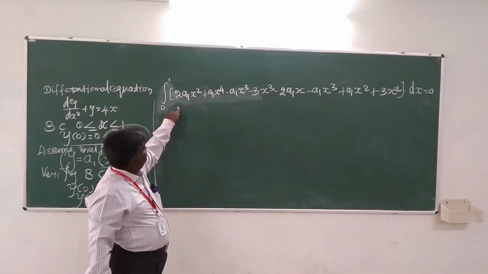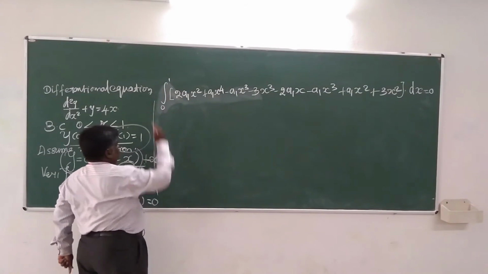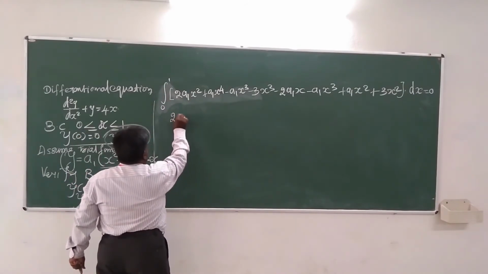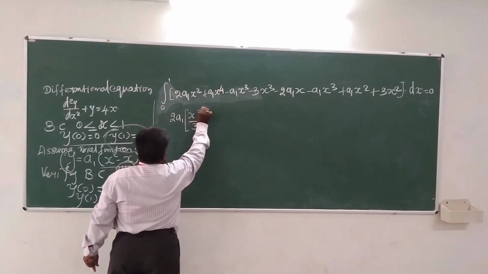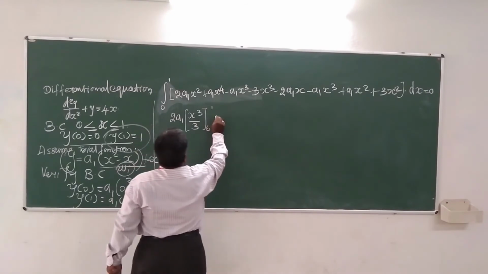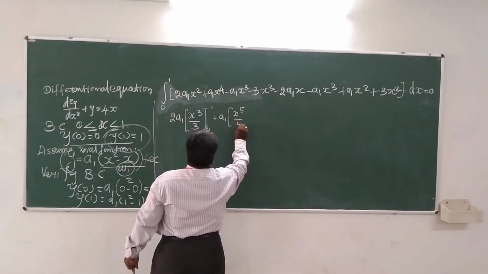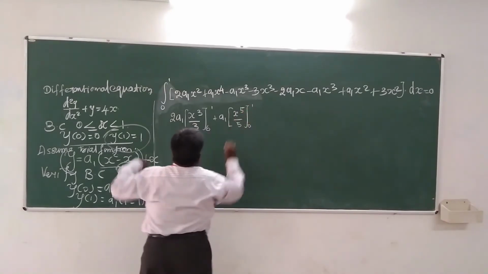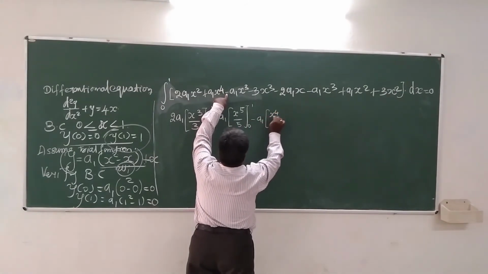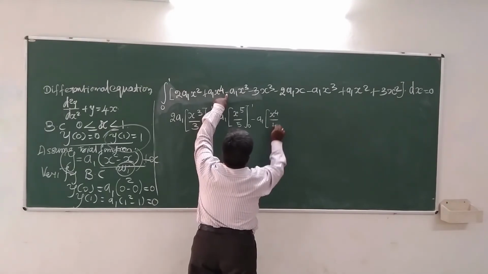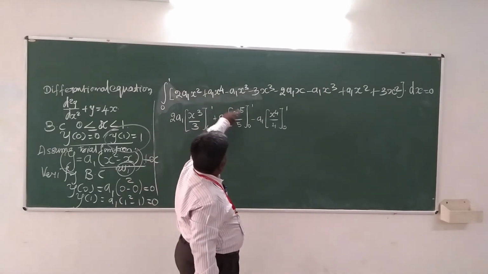Now we have the standard procedure to integrate this equation. Then substitute the limit value 0 to 1. So integrate: a1 x cube divided by 3, the limit value is 0 to 1, plus a1 x power 5 divided by 5, the limit value is 0 to 1, minus a1 x power 4 divided by 4. Any data if I am missing, you can give me.